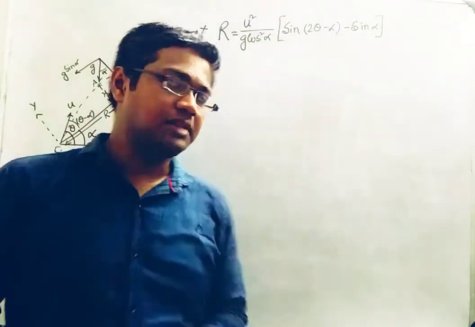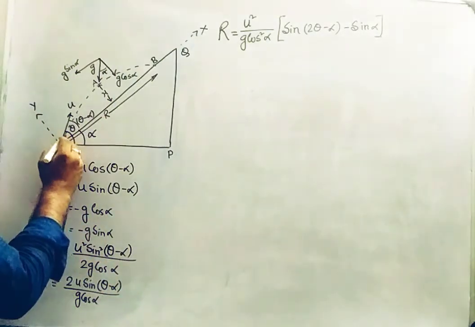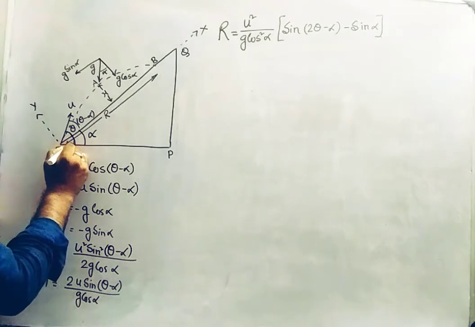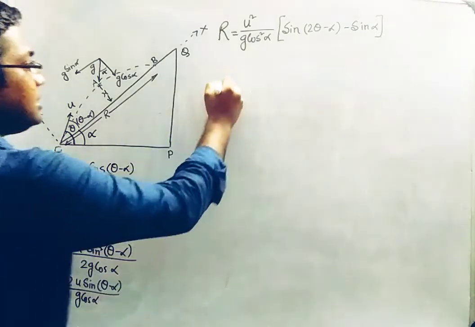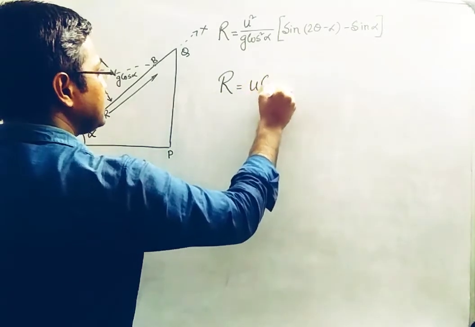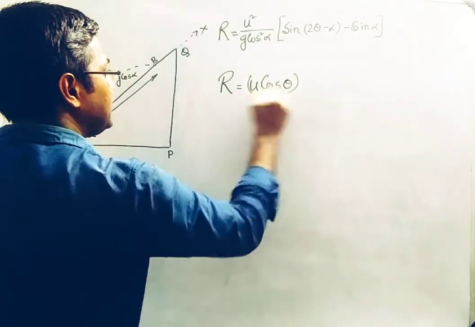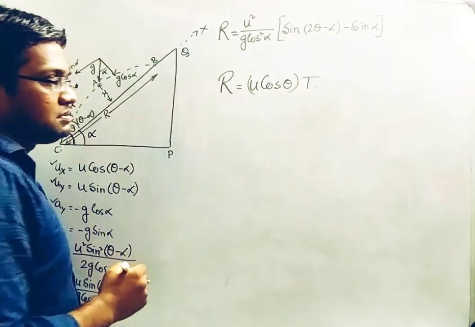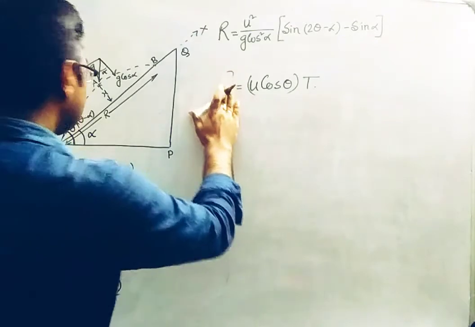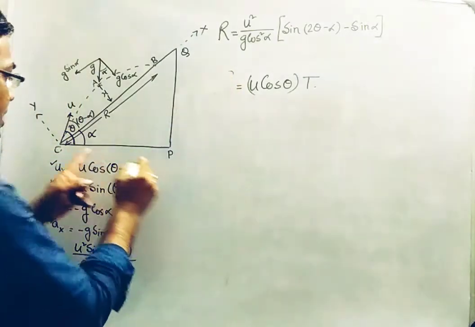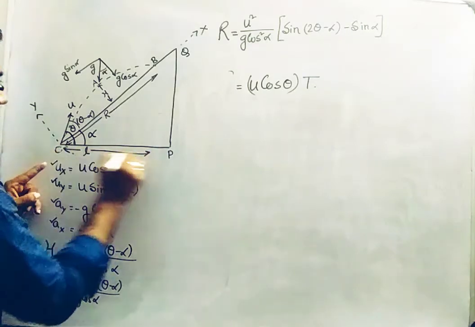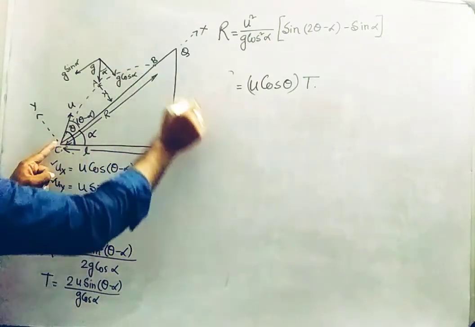If I think of the angle made by u with the horizontal level, that is theta, then the range is equal to u cos theta into capital T. This thing is not giving you the range, but this thing is giving you this value, that is L.